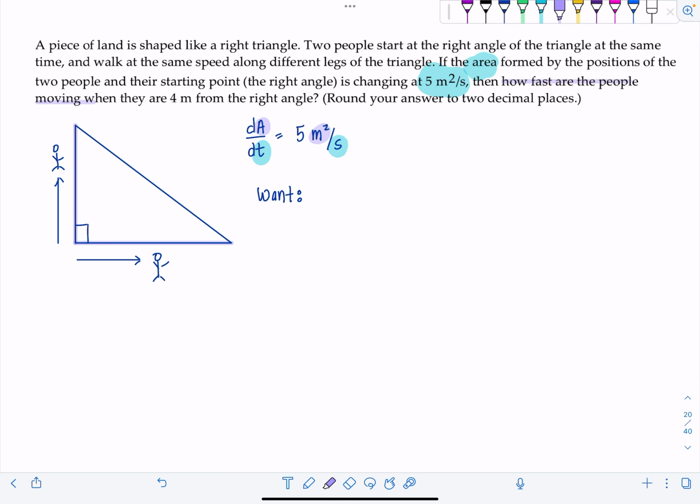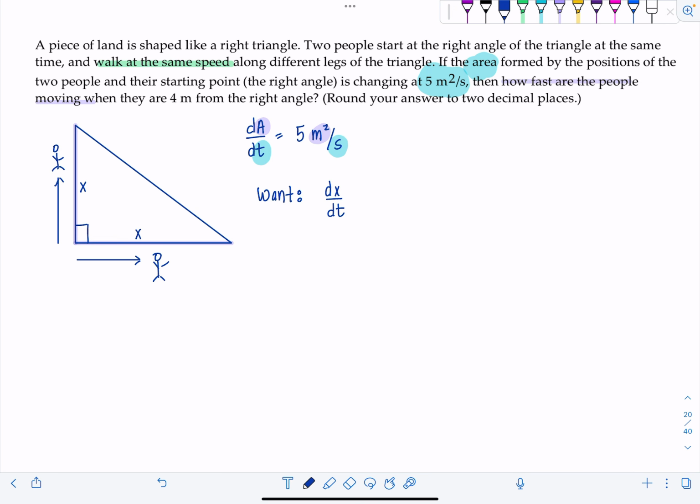What makes the problem easy is that they start at the same time and they walk at the same speed. So whatever distance one of them covers, the other one's covering the same thing. So these distances are equal. I'm just going to call them both x. So the problem is asking for us to find dx/dt.